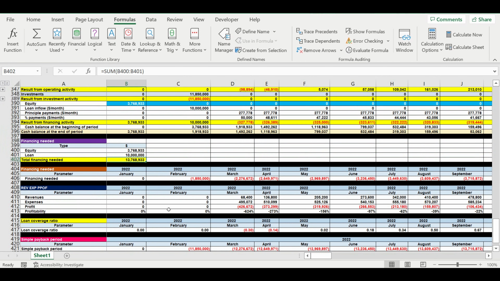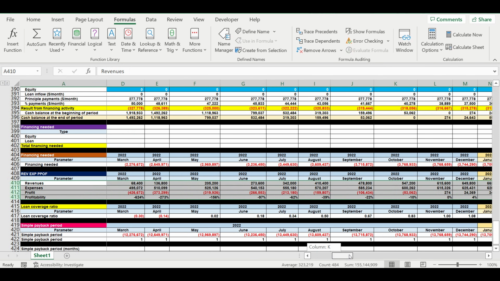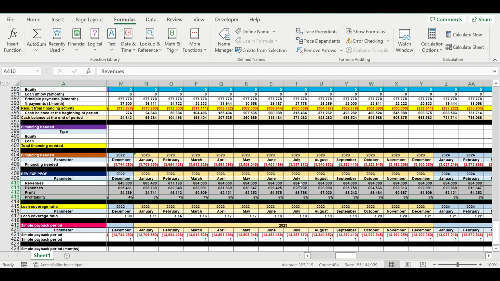Then you have a very simple table just for yourself, where you're able to see the current revenues in this or that month, expenses, and profit in your pocket. So what is the profitability of your business idea?